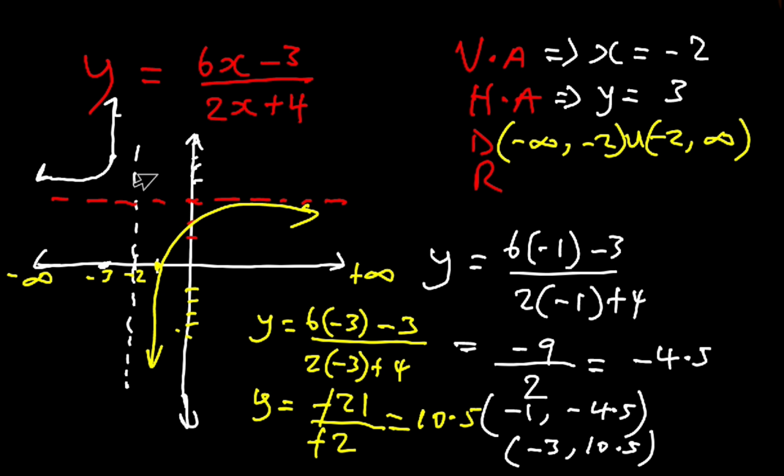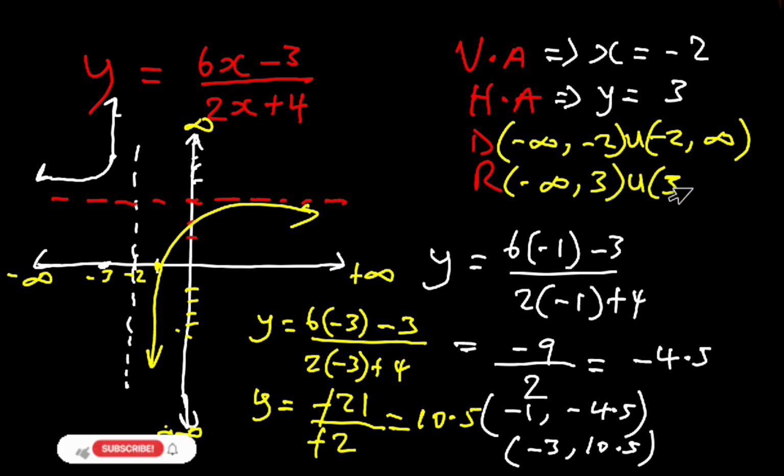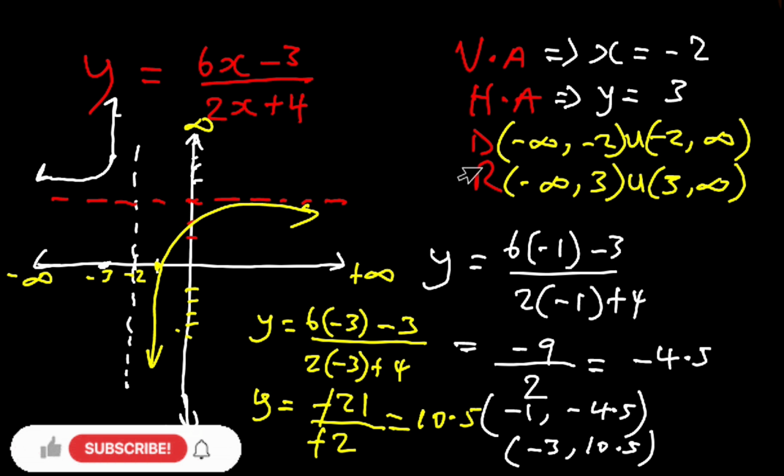Alright, now the range is going to be -infinity, comma, then you remove the horizontal asymptote, which is 3, union 3, comma, infinity. So this is the domain and range of this function.